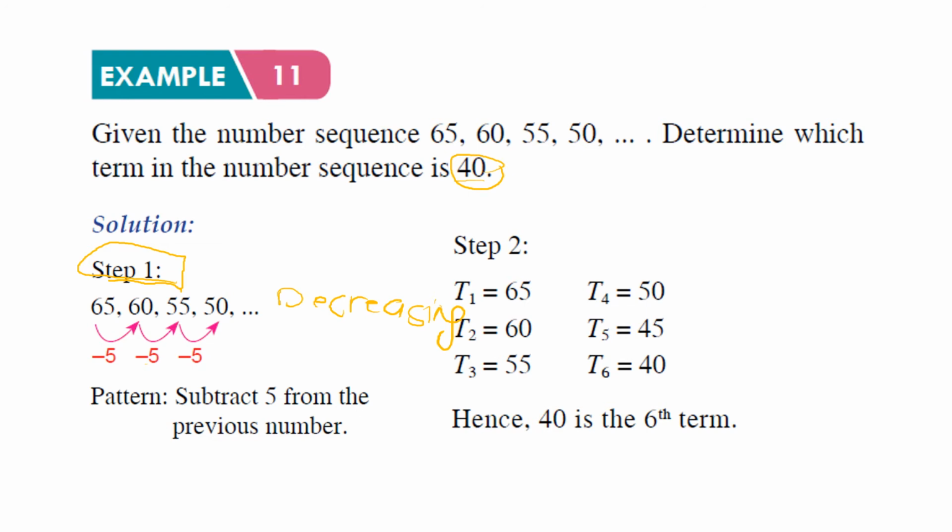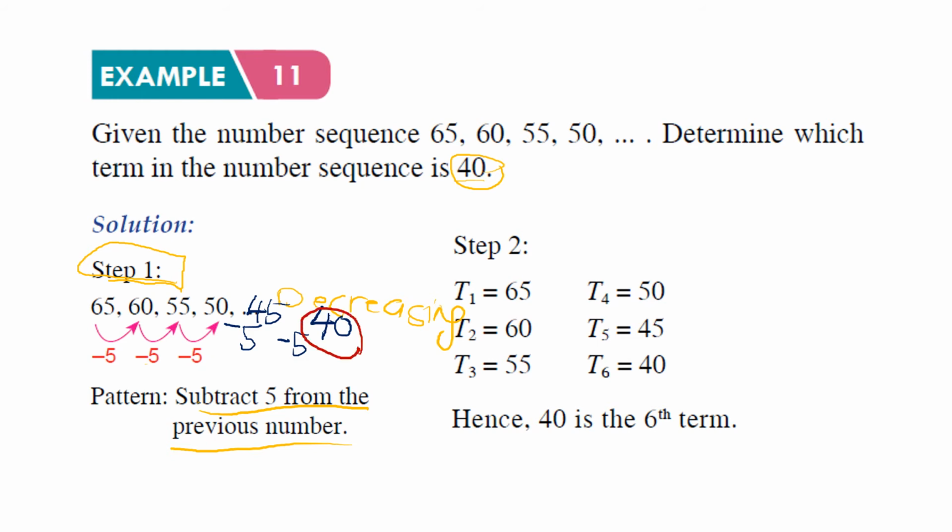So the pattern is subtract 5 from the previous number. We just need to complete the list. 50 minus 5 equals 45. 45 minus 5 equals 40.